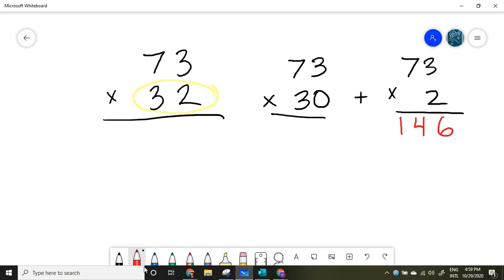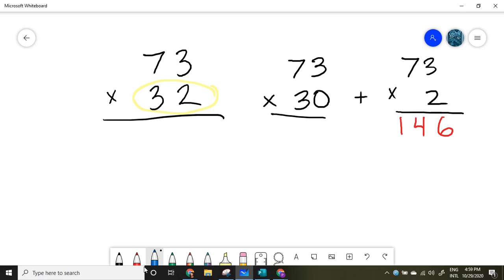So now I will multiply 73 times 30. When I look at 30, I see I have a 0 at the end. So what can I do with that?